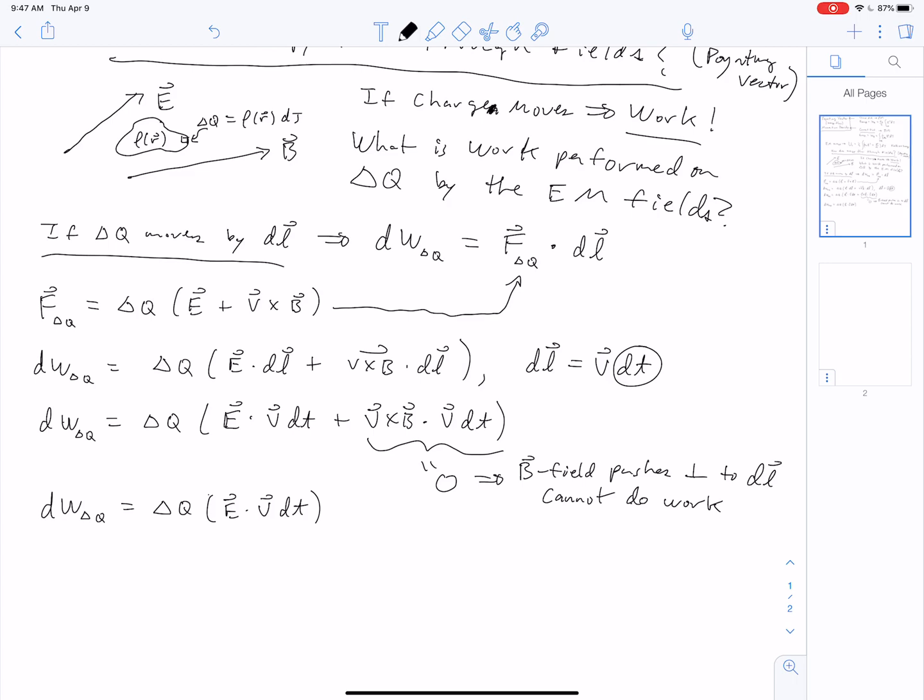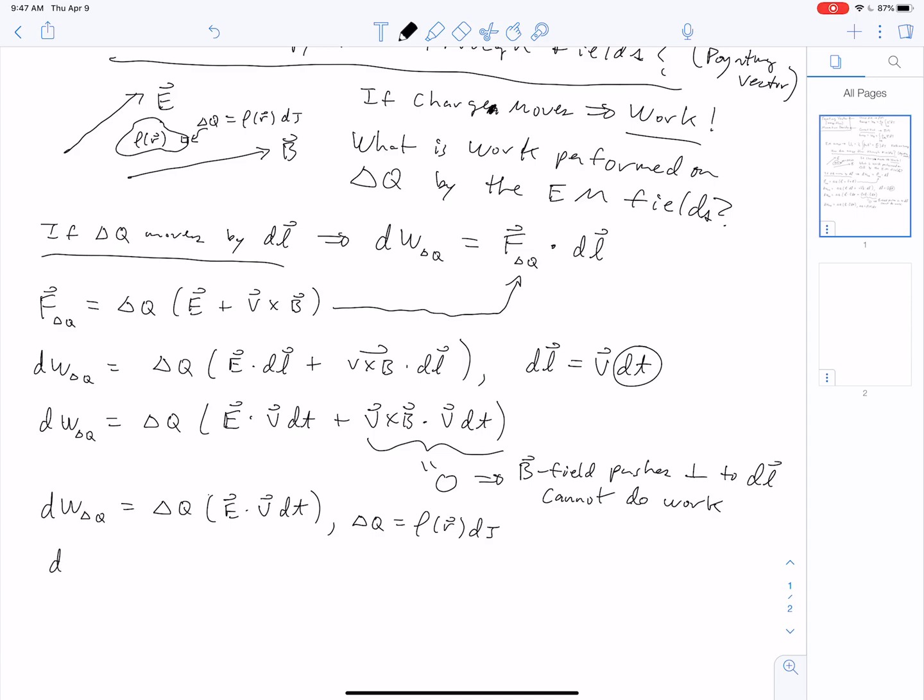And what we can do then is we can replace our delta Q, our little bit of charge. We know that that's equal to the charge density times a little bit of volume, because we're just talking about that little bit of charge.